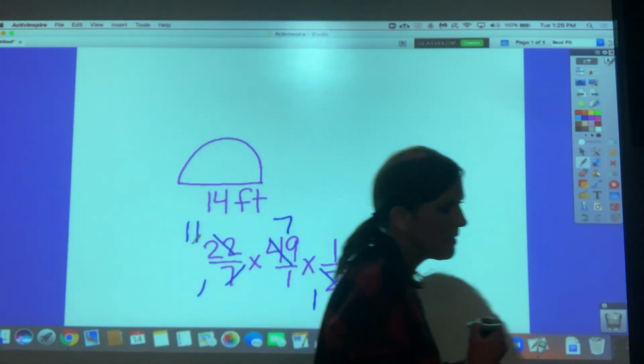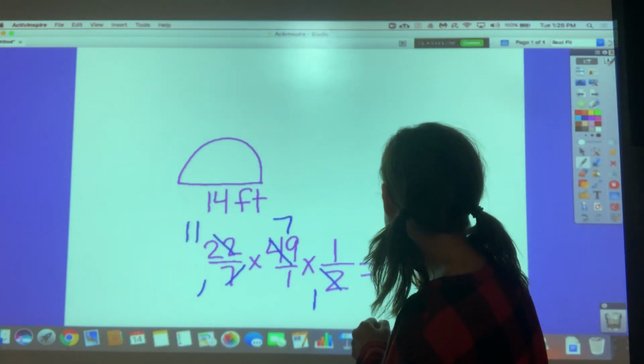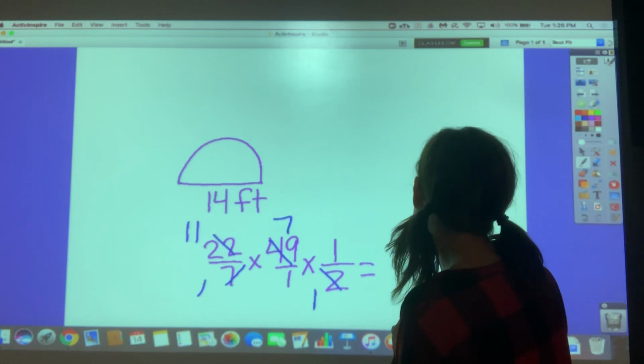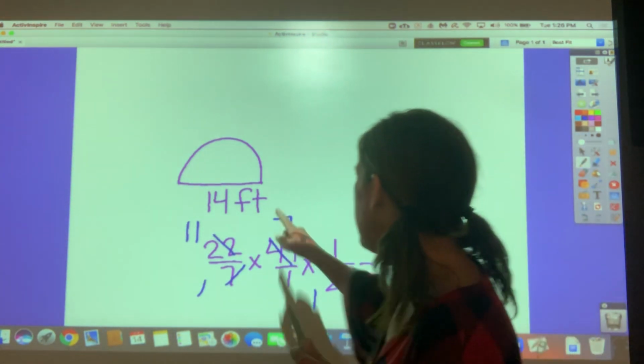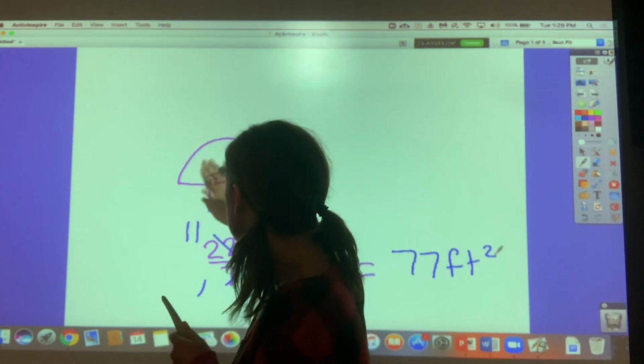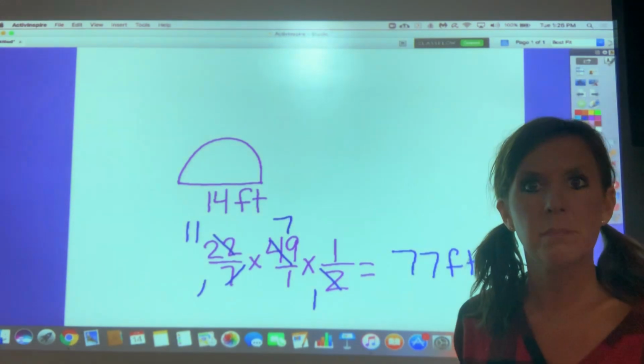All we have left is 11 times 7. So we would get 77 feet squared. This is actually easier, I think, than circumference, because there's nothing else to do. We don't need to add anything back, because we just found the inside of that. It's 77 feet squared. We're done.